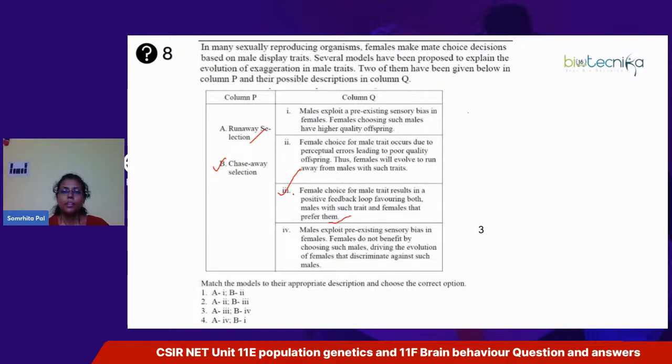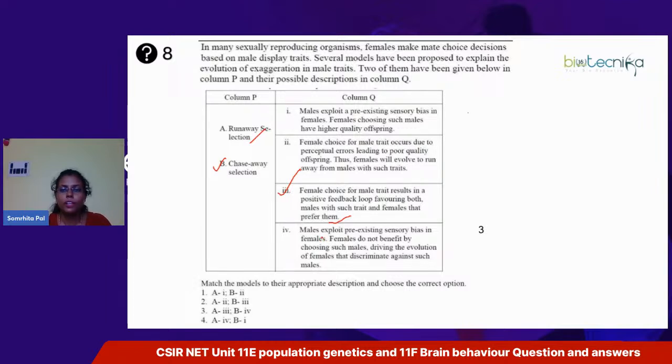Why? Because in this case they are saying that the pre-existing sensory bias of the females initially selects all the males that will display the initial enhancement of the trait. But these overly attractive males will cause the females to mate in a very suboptimal manner.